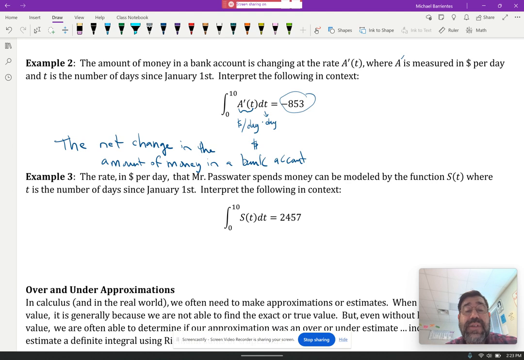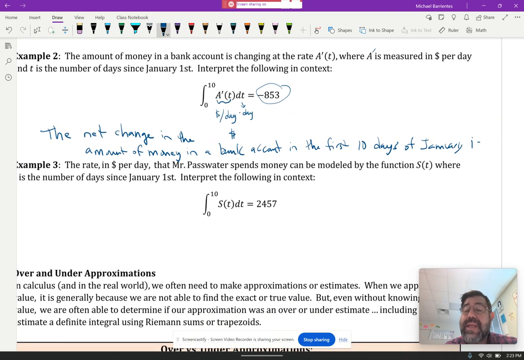And here you have a choice. You could say from January 1st to January 10th. I guess you could think of it that way. You can also say maybe in the first 10 days of January is, let me put the dollar sign first, negative $853.